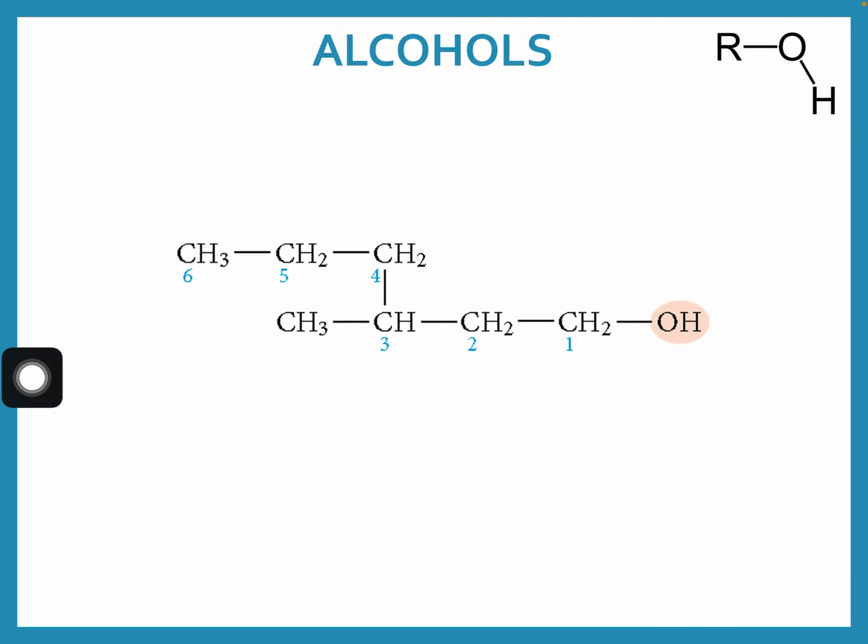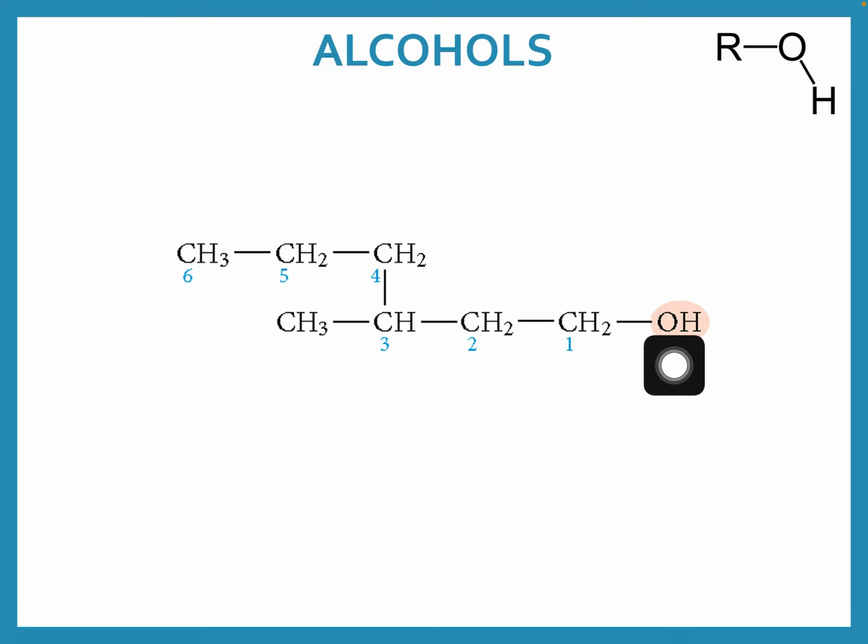And for numbering, I'm going to start from the right because that gives me the lowest number for the attachment of the hydroxyl group. I'm not going to come from this end because then this is going to be the 6th carbon. So what I have is hexane as the parent alkane.